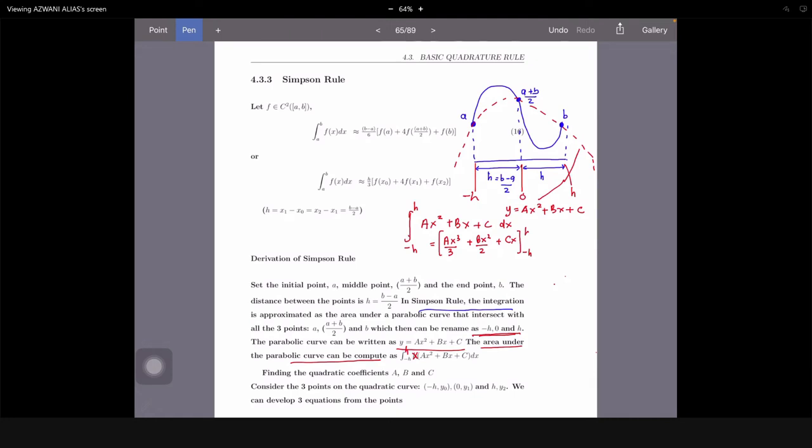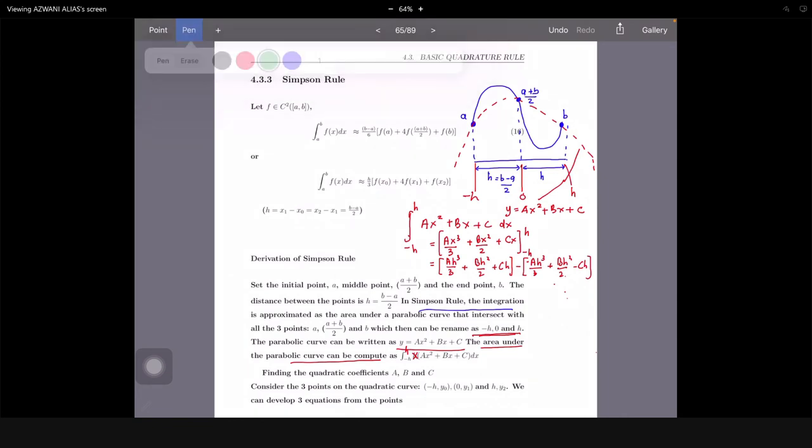Okay, from negative h to h, substitute the value of h dengan negative h tu kan, ganti nilai, so akan dapat bh square over 2 plus ch minus ah kuasa 3, so akan dapat negatif kat sini, h kuasa 3 over 3, yang b akan dapat positif minus ch.